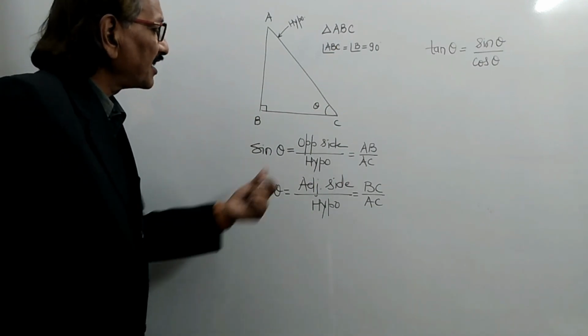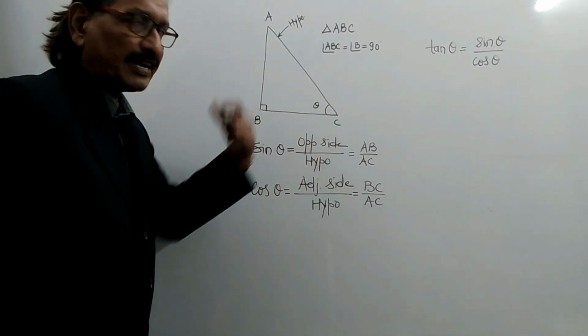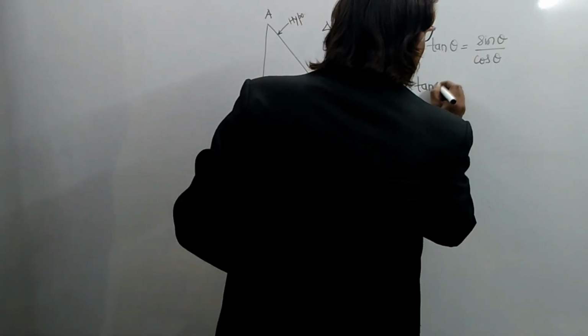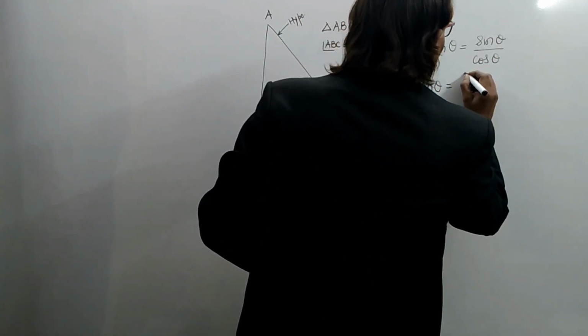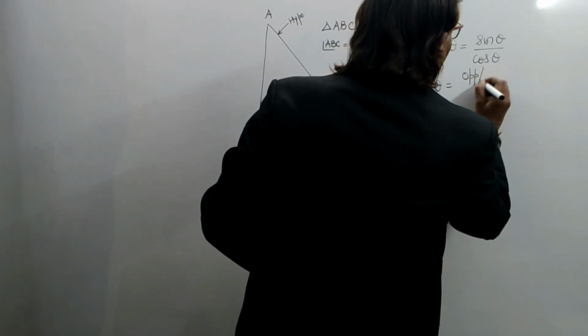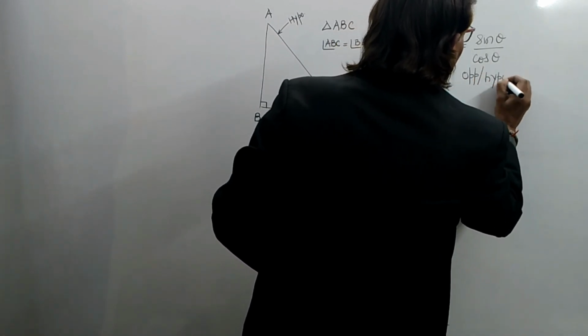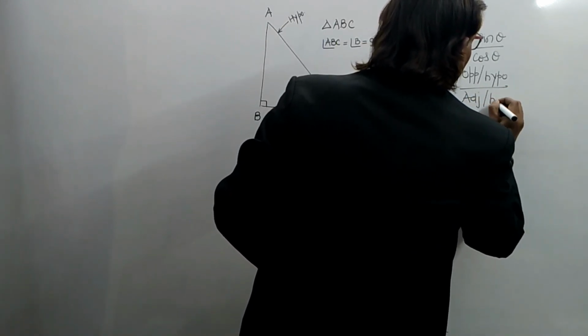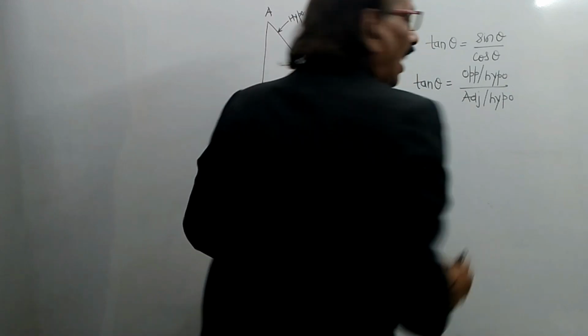We have cos theta is equal to adjacent side upon hypotenuse, we can replace it. So we have now tan theta is equal to opposite upon hypotenuse whole upon adjacent upon hypotenuse.